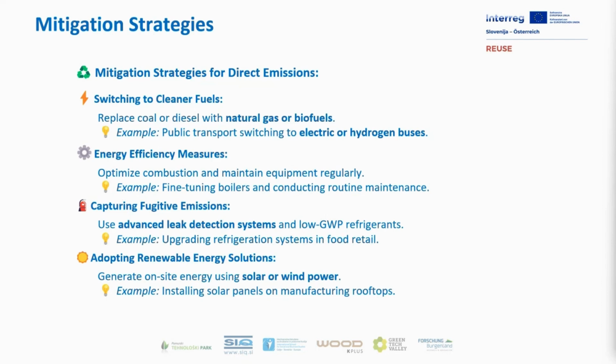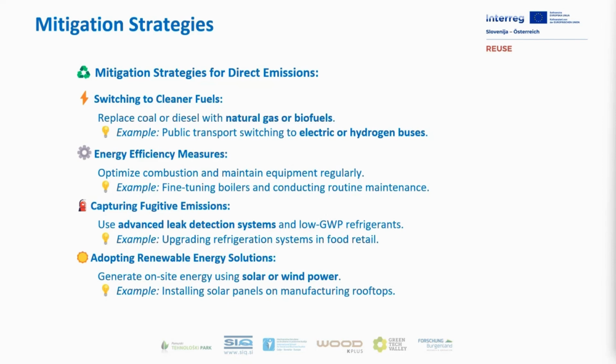Then second, implementing energy efficiency measures. Optimizing how energy is used, especially in combustion processes, can make a big difference. This includes things like regular maintenance of boilers, adjusting combustion parameters, and upgrading outdated equipment. Third, capturing fugitive emissions. Leaks from refrigerator systems or industrial equipment can go unnoticed, like we said, but they often involve gases with high global warming potential.